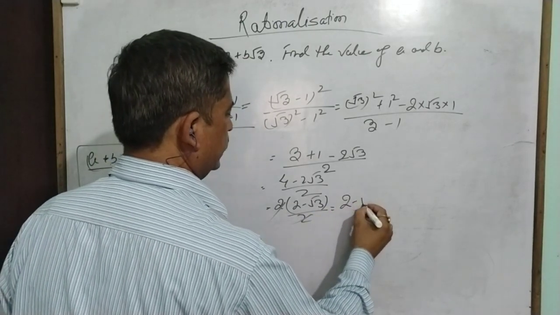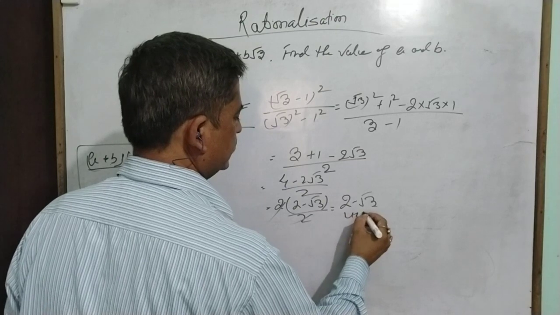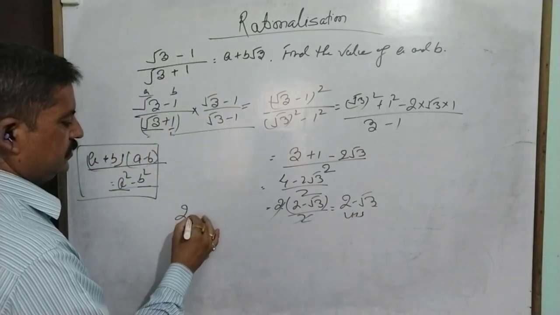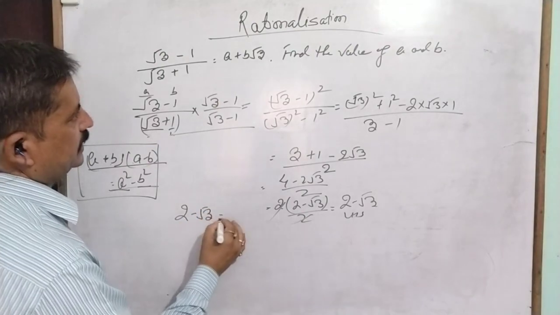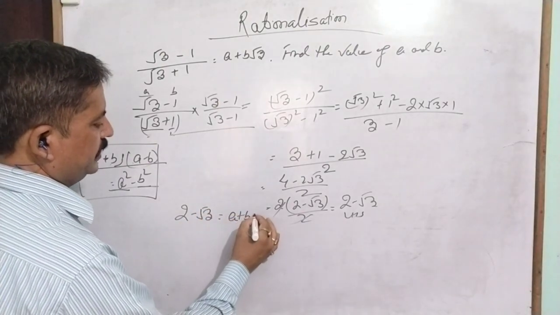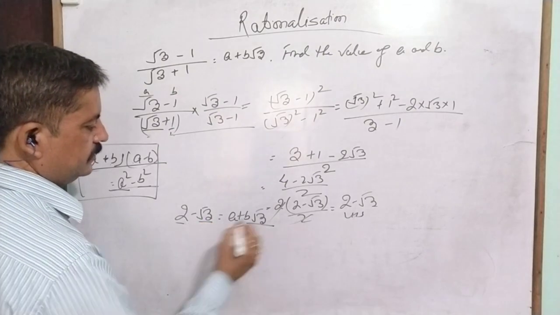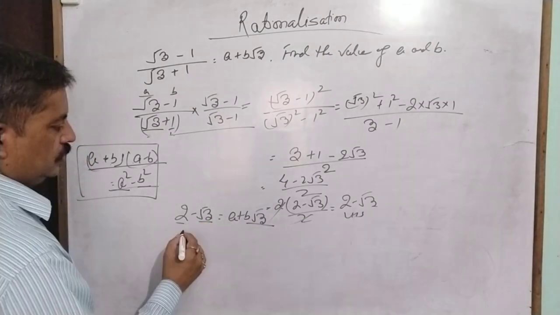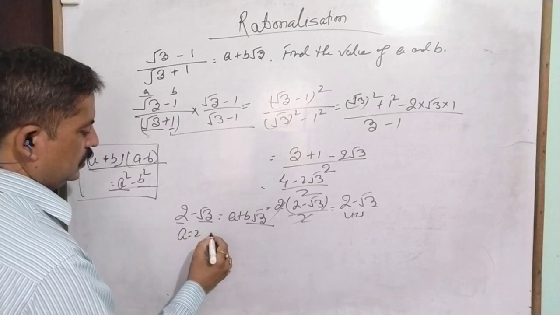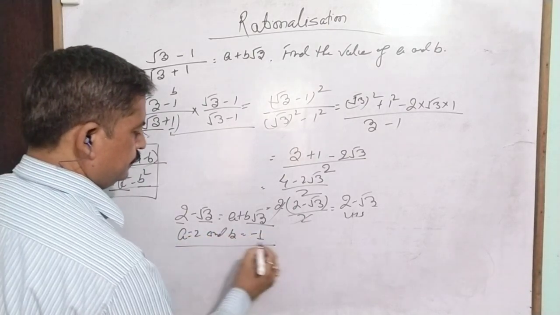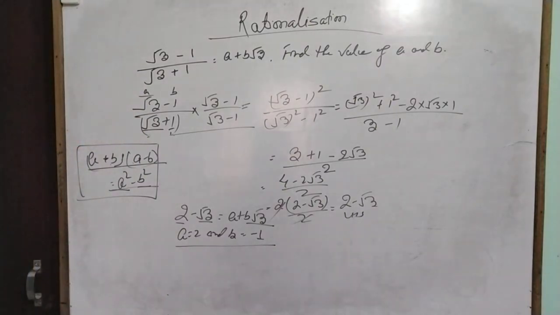So 2 minus root 3 is the LHS. Comparing LHS to RHS, 2 minus root 3 is equal to a plus b root 3, so a is equal to 2 and b is equal to minus 1. That's the answer.